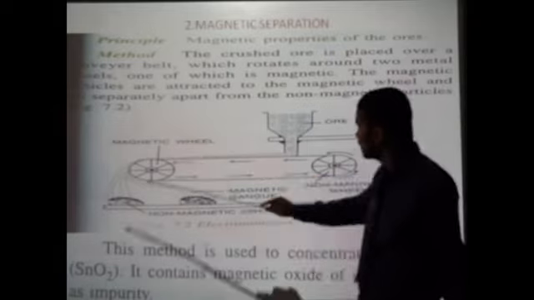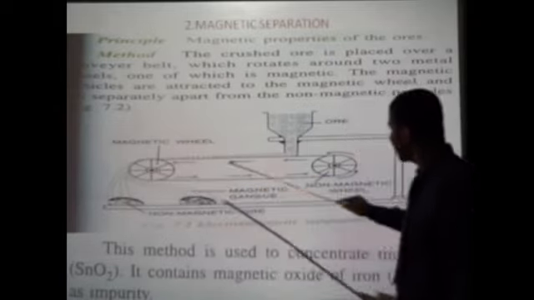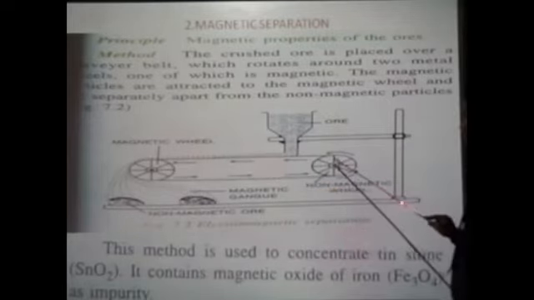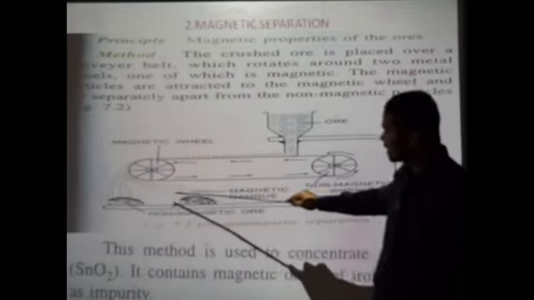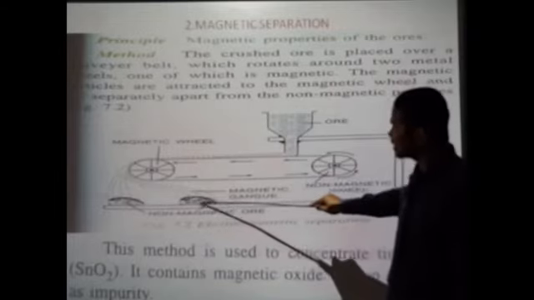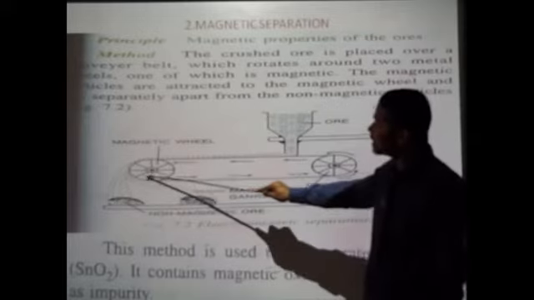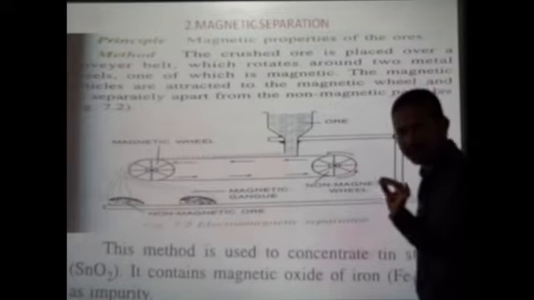And then what happens is, since this is a magnetic wheel and this is a non-magnetic wheel, magnetic impurities get attracted and are collected here. Non-magnetic ores are thrown away.